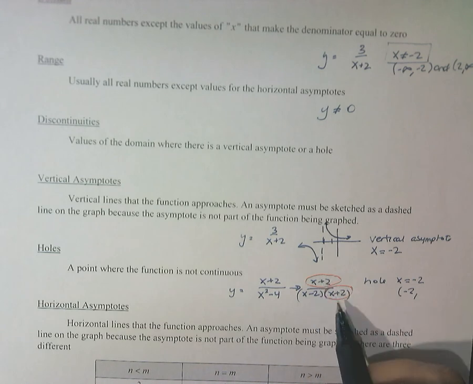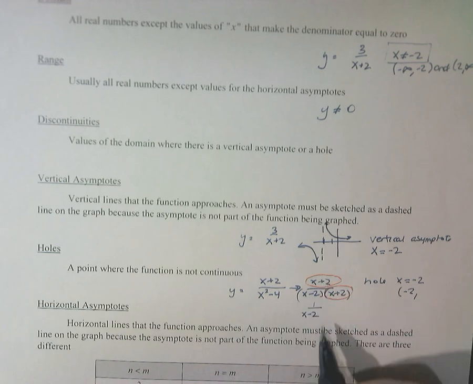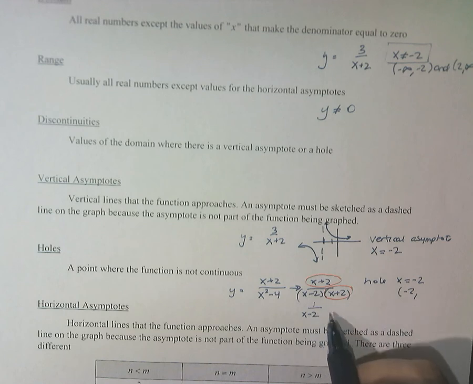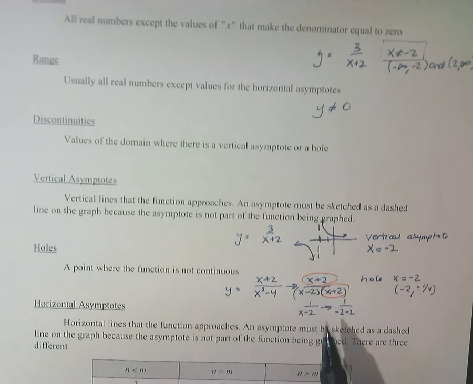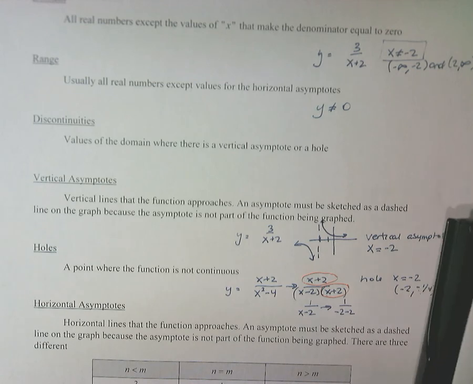If I cancel those out, I get 1 over x minus 2. Plug a negative 2 in for the x, and I get negative 1/4. So anytime you have a common factor in the numerator and the denominator, it's not an asymptote, it is a hole. So let's look at that and see what that looks like.